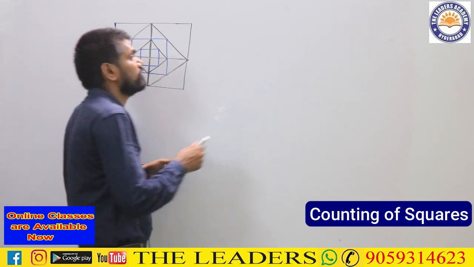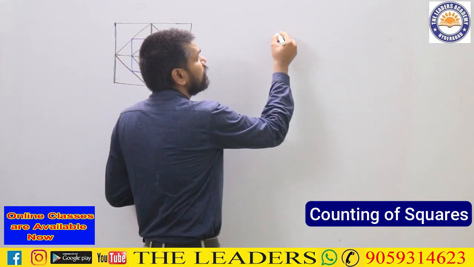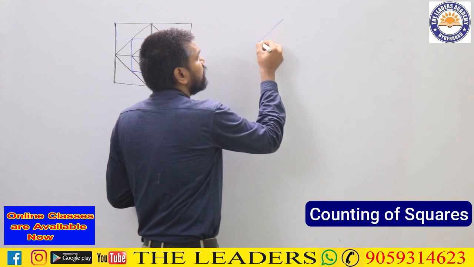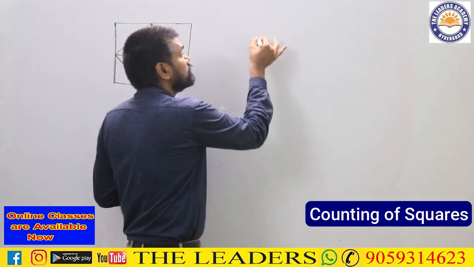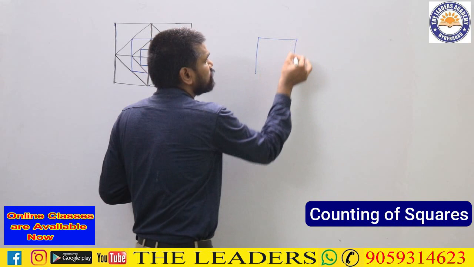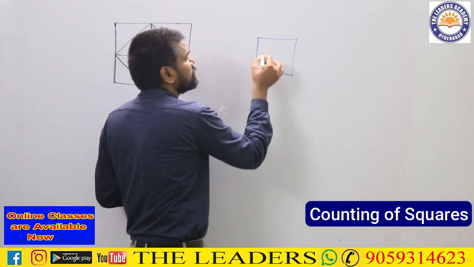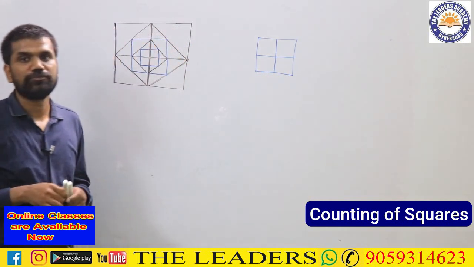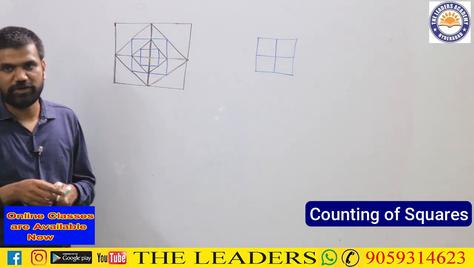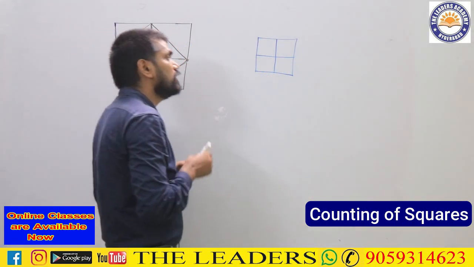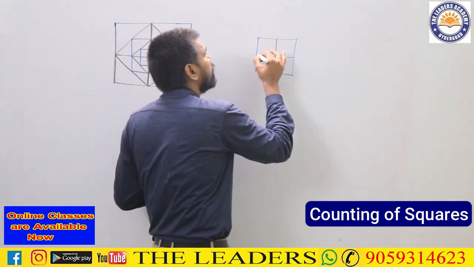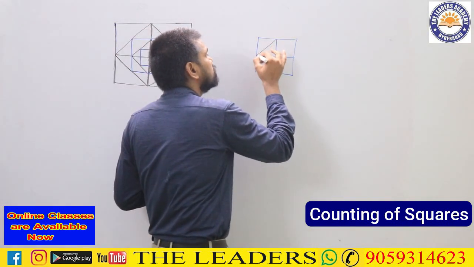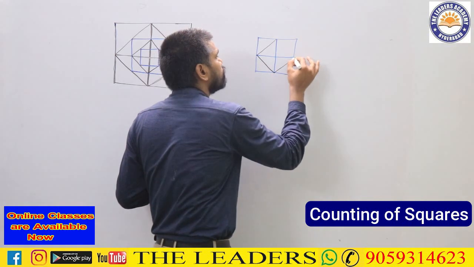The first model that we have already seen was, whenever you are having any structure of this kind, this is a combination one, please observe this. Whenever you are having any structure of this kind, the total number of squares will come out to be 5. If I am drawing like this, this is another square for us.